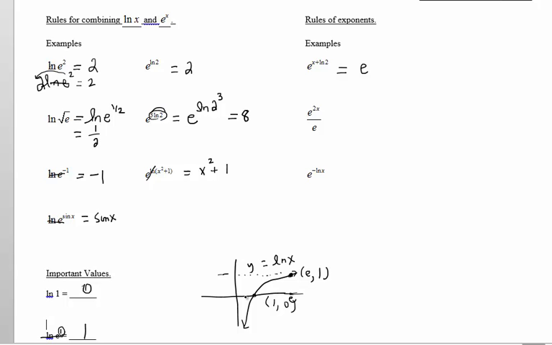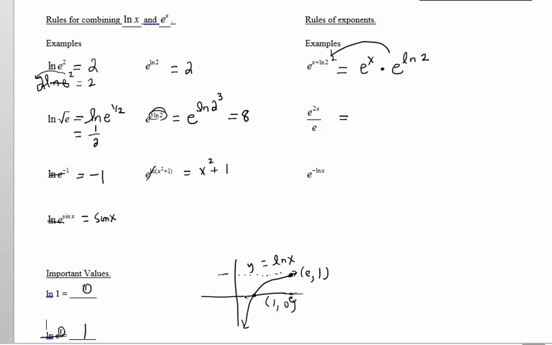If I'm adding these 2 numbers, then that must have meant that they each had their own base with the times between them, because we know there's a property of exponents that says if you're multiplying with the same base, add the exponents. So multiplying, same base, add the exponents. That's what it looks like. So this is a backwards approach to that property of exponents.